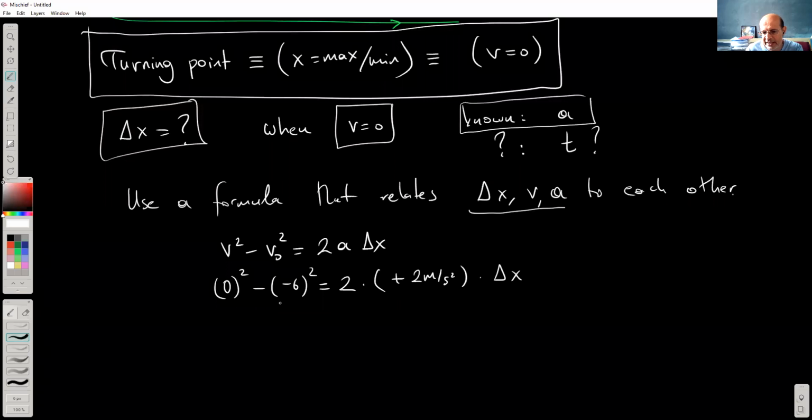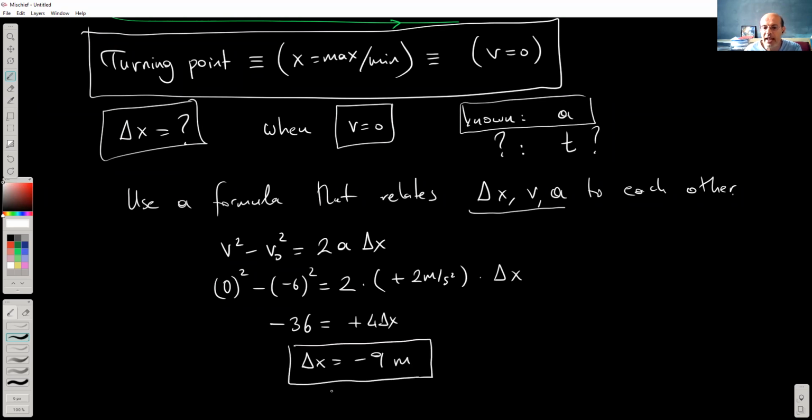Just keep in mind that I write down the correct components, because otherwise I would have some kind of a problem in here. In any case, the left-hand side is -36, the right-hand side is plus 4 times delta x. So therefore, delta x is equal to -9 meters in here, all right? In the reference frame that I have chosen, the displacement would be -9 meters.